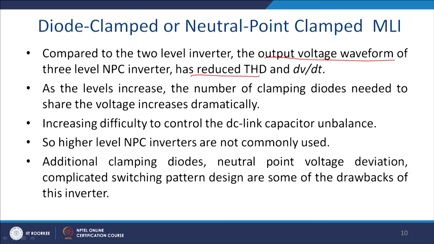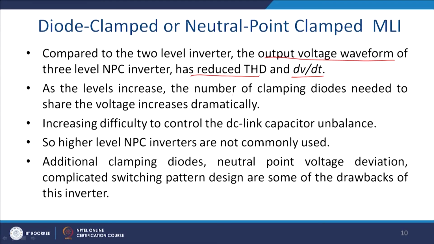It is because the instantaneous error between the applied voltage and the voltage generated by the inverter is less, and also there is less dv/dt, because the rate of change of voltage for a multi level inverter is in steps, not plus minus VDC. As the level increases, the number of clamping diodes needs to be increased, the voltage sharing becomes difficult, and it increases the difficulty of controlling the DC link voltage unbalance.